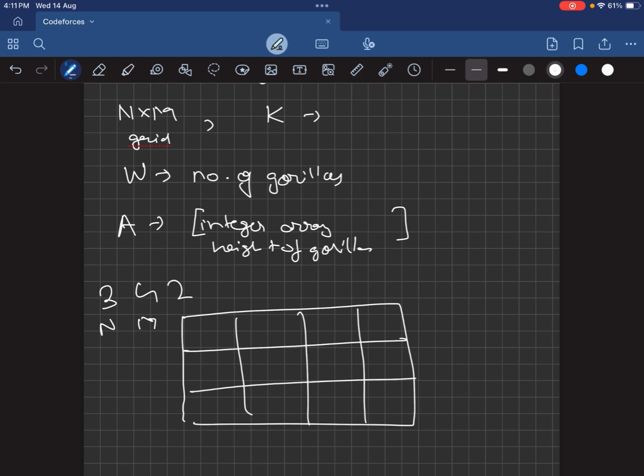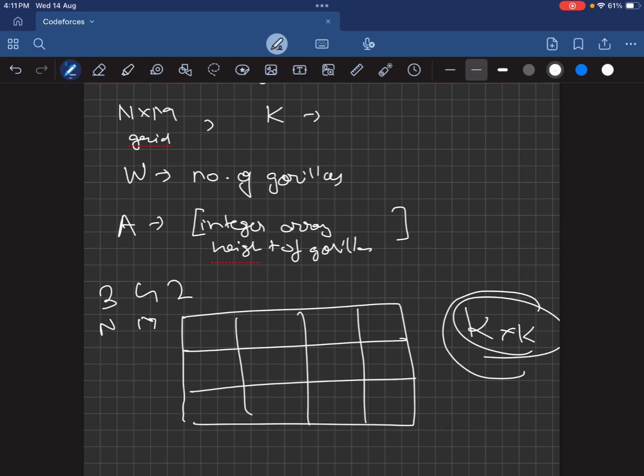What is the spectacle of an array? The spectacle of this grid is the spectacle of all the subgrids of k cross k size in this array, and the spectacle of a k cross k grid is essentially the sum of heights of all the gorillas in the k cross k grid.